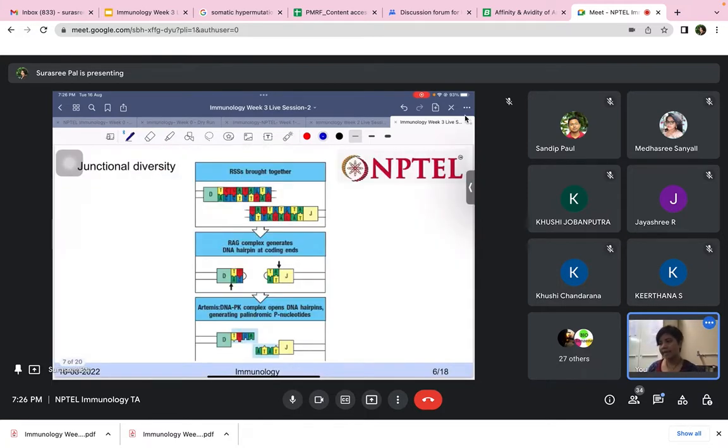This is how the recombination takes place. Now there is one more important event which takes place here. In case of CDR3, I told you already that CDR3 is the loop which is encoded by V, D and J segments, right? And it forms a junction between the V, D and J segments.